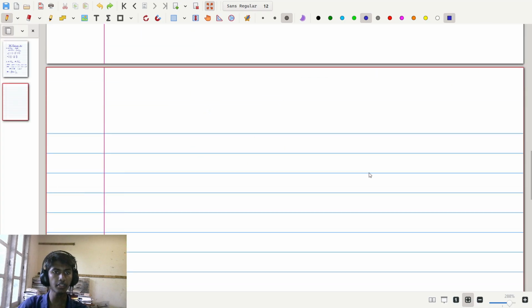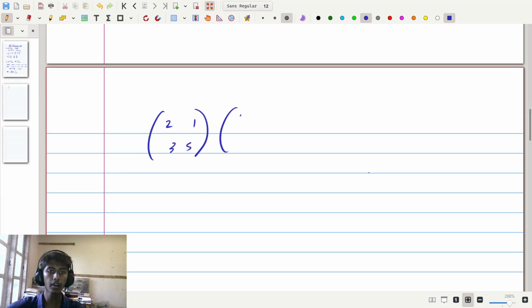If we do this as an example, let's say we take two matrices, 2, 1, 3, 5 and 1, 2, 3, 4, and we multiply them together. We can see we have a 2 by 2 matrix here and a 2 by 2 matrix here. The number of columns of the first one is equal to the number of rows in the second one, and therefore we can multiply, and the result is going to be 2 by 2.